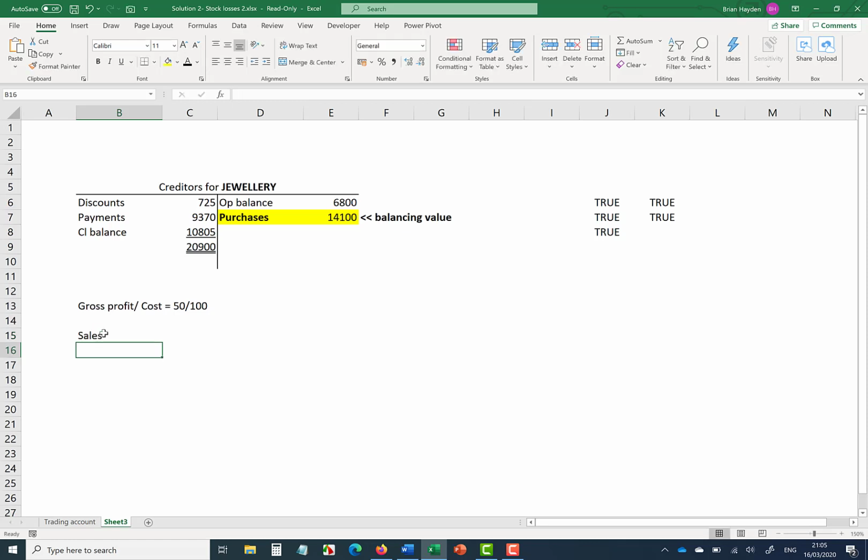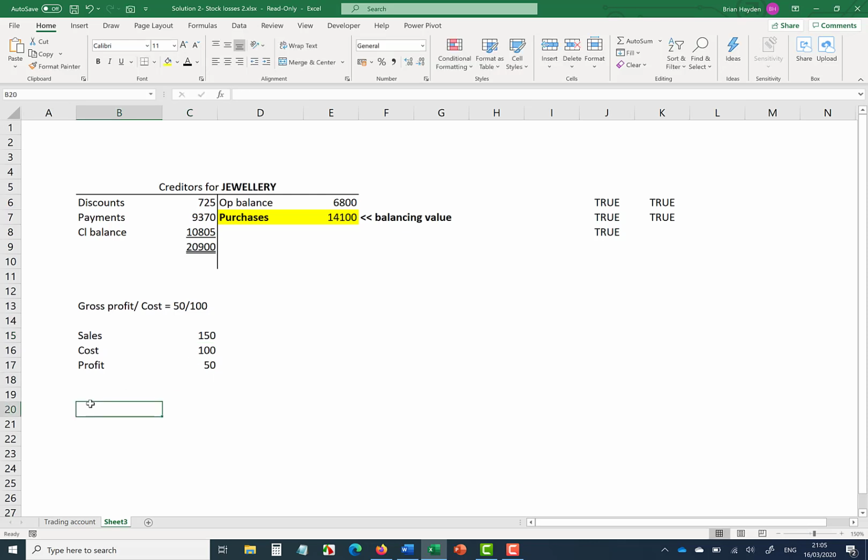Sales, cost, profit. Okay, so if this was 100, gross profit divided by cost, 50 over 100. If this is 100, this would have to be 50. And we know that sales minus cost equals profit, so this would therefore have to be 150.